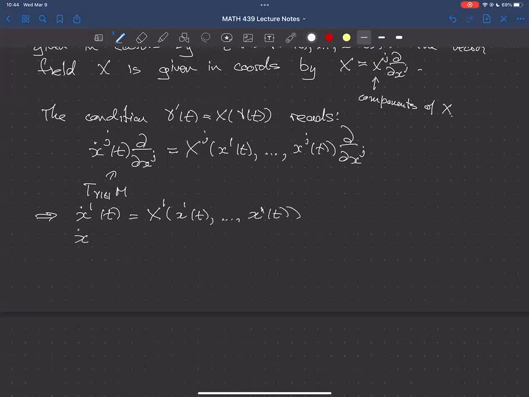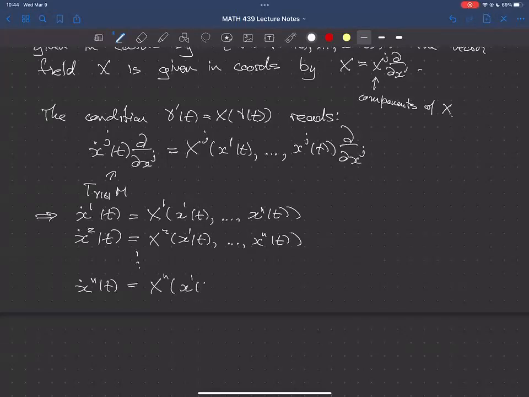Then you also have, of course, x dot 2 of t is X^2, and so on up to x dot n. All right, so the reason I wrote it like that is that I hope that looks familiar to you. Is that a thing that you've seen before?